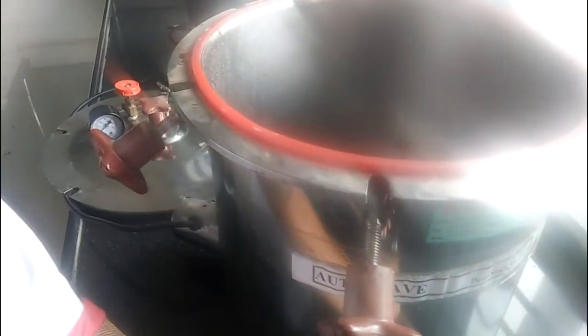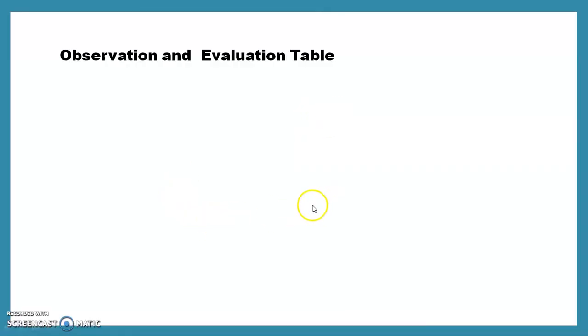It is still too hot. These are our ampoules, ready. After going through the stepwise procedure in the laboratory, we move toward the observation and evaluation table.